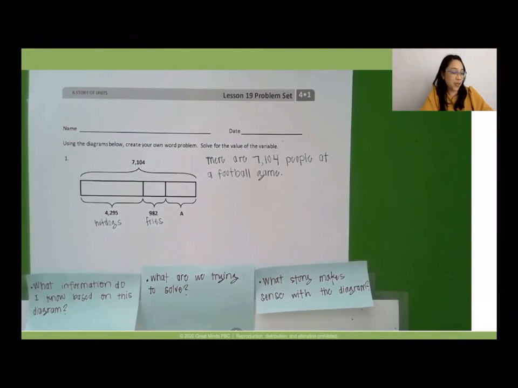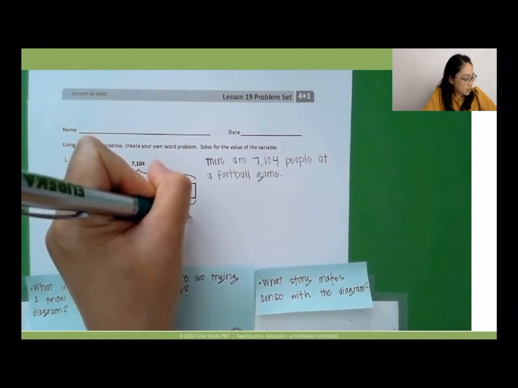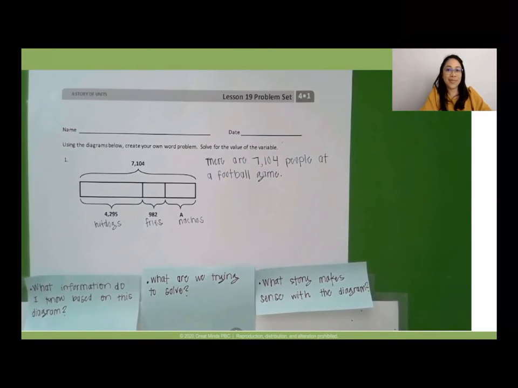For our unknown variable A, I'm thinking that they purchased nachos. We've now labeled our tape diagram with the parts, so now I'm going to include that sentence in the word problem here.